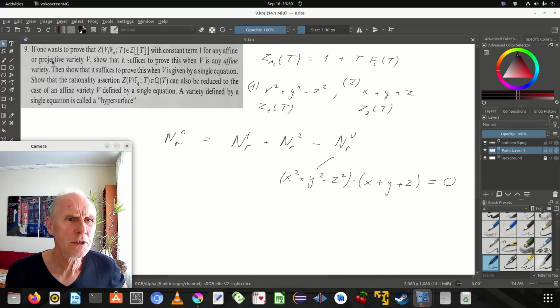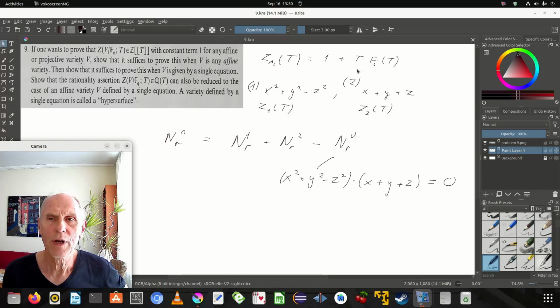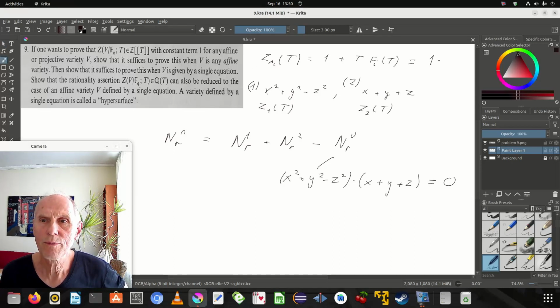In the first question, we may assume that we have proven that the z function of any affine variety has this form, that is, it's a power series with integer coefficients starting with 1. I wrote it like this. That's maybe not the best form.